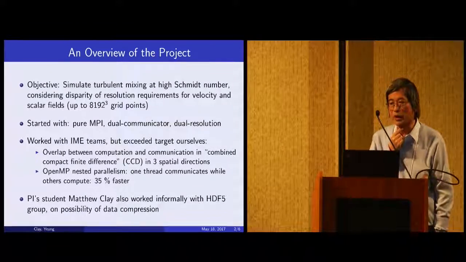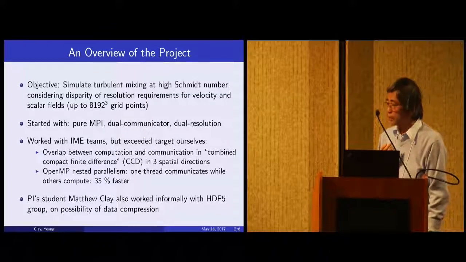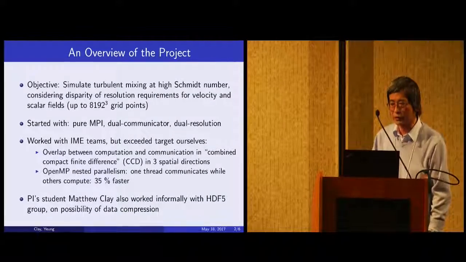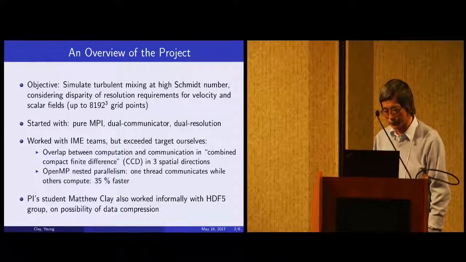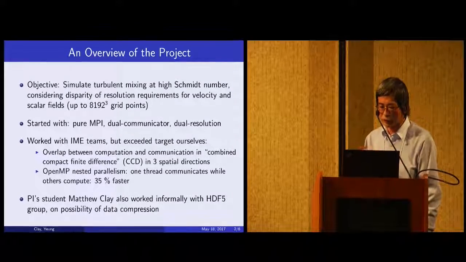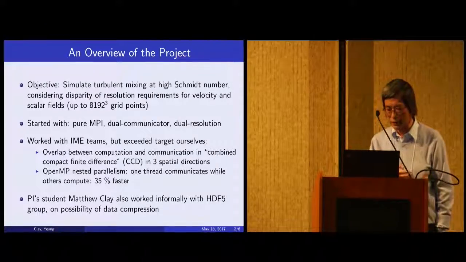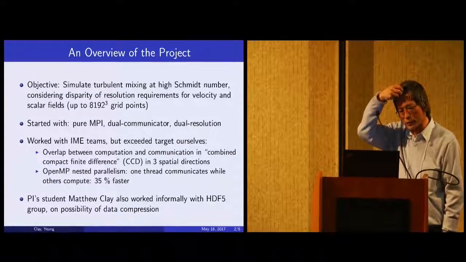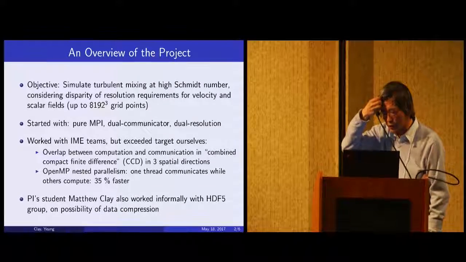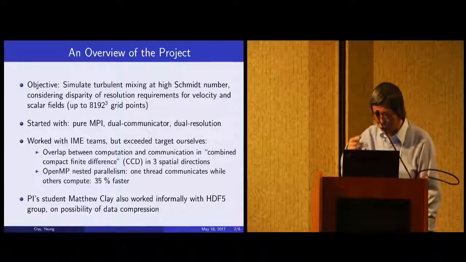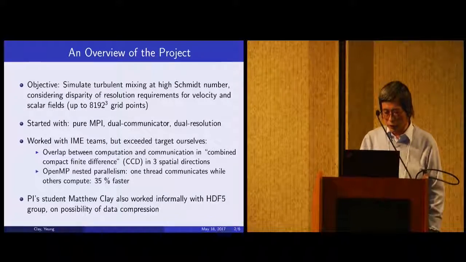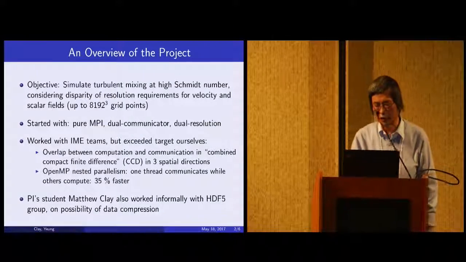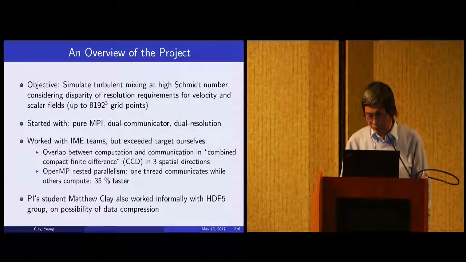What we mean by combined here is that we actually will be calculating the first derivative and the second derivative at the same time, and we have to do that in three spatial directions. But is it possible to overlap communication, let's say, for direction number 2 and computation for direction number 1?